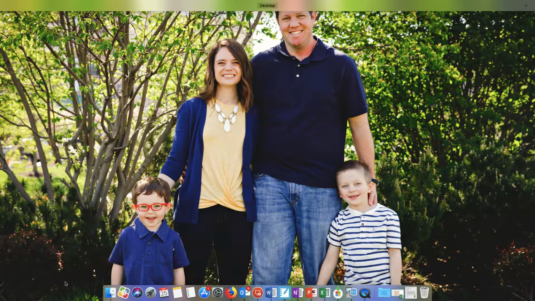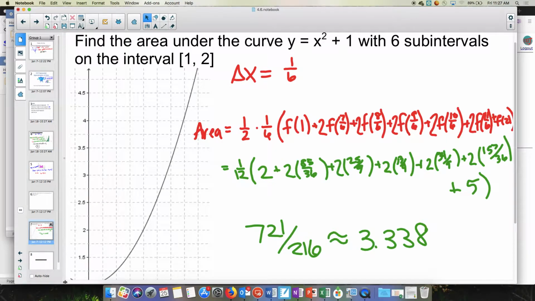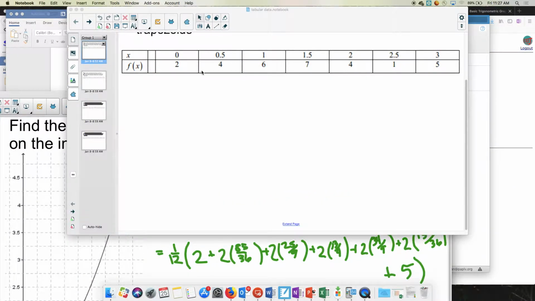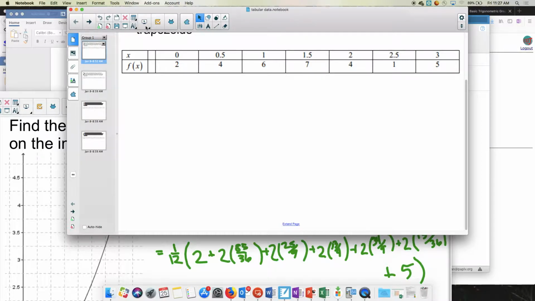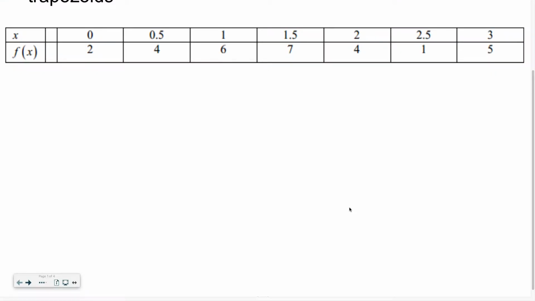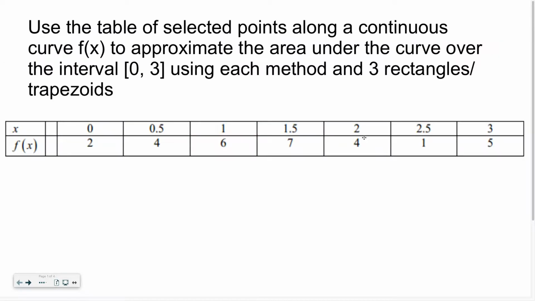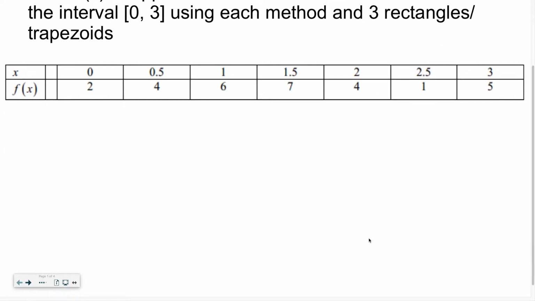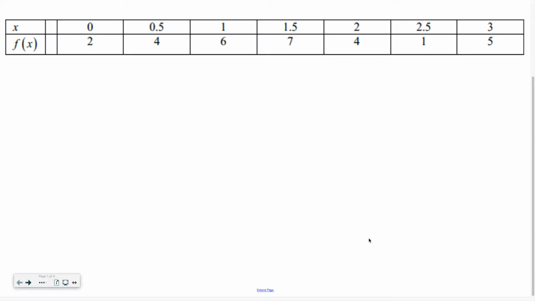Where'd they go? They were right. Better. He got to go to school today, so whew. I did not want to miss today, so I was thankful for that. Write this chart down. Okay, thank you.